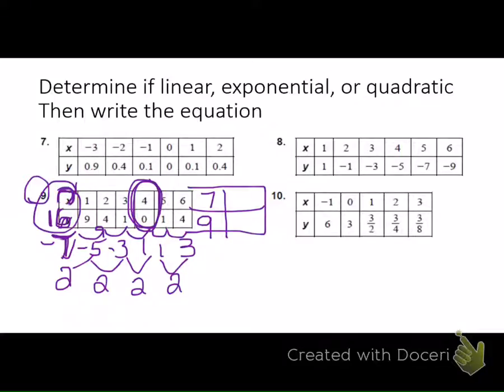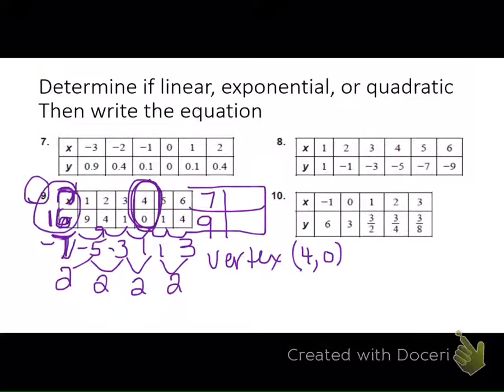So we have to find when y is 0 again. We're going to have to keep going. Well, now I'm not sure. We have an axis of symmetry. So our vertex is going to happen at 4, 6 because that's the point of symmetry. So we would use x minus h squared plus k.